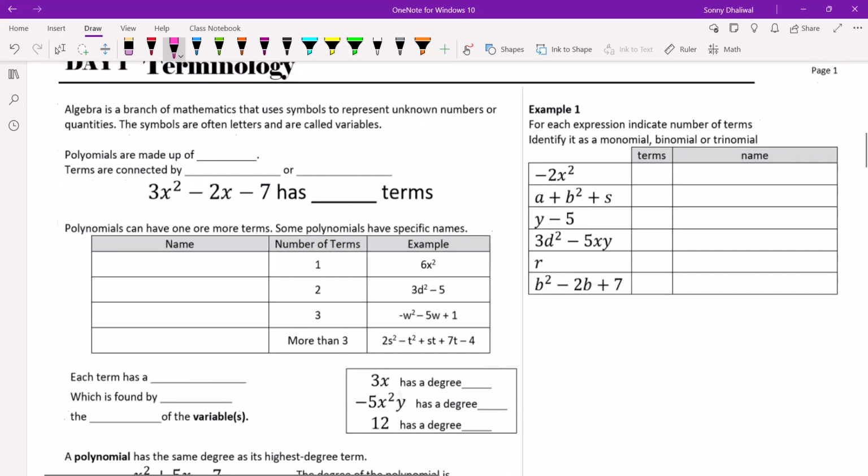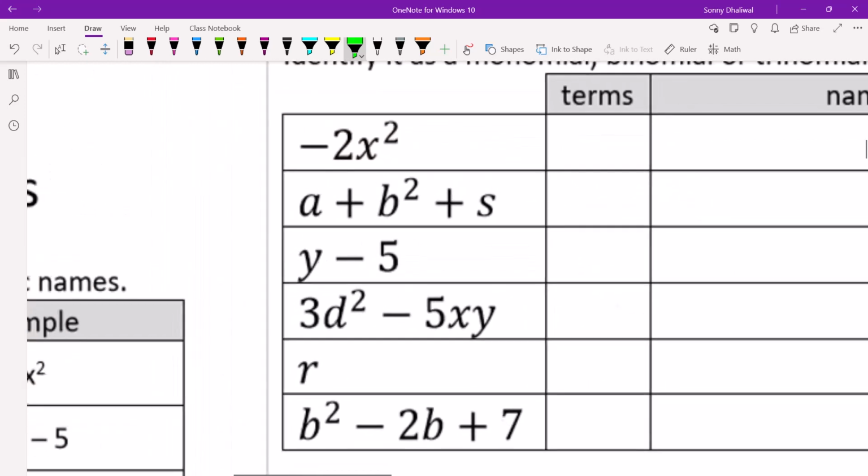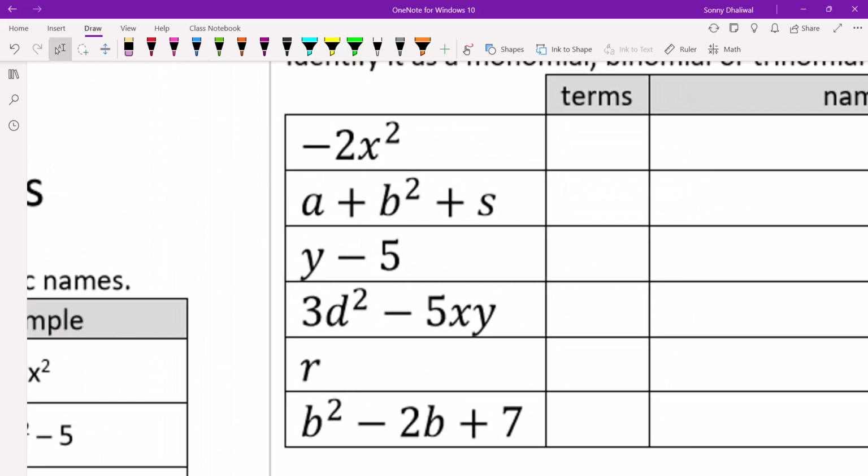All right. So today, the goal is vocabulary. All right? So this whole chapter, unit, it's going to start looking at expressions that look like this. Okay? So no longer just numbers.